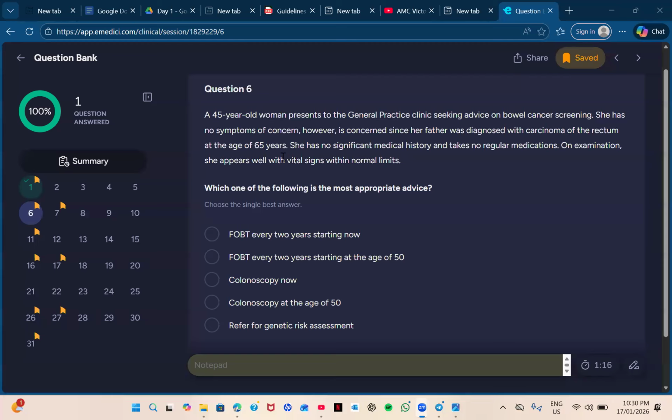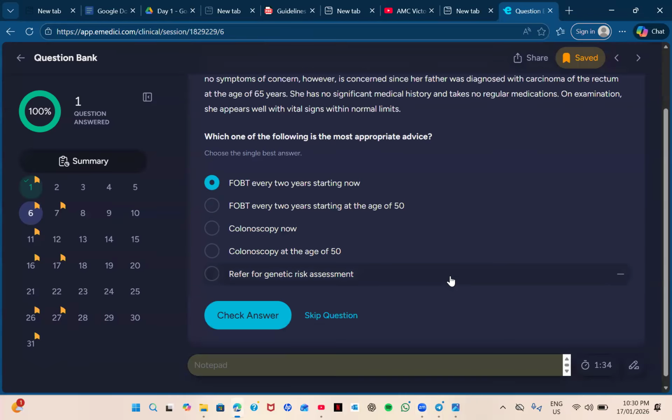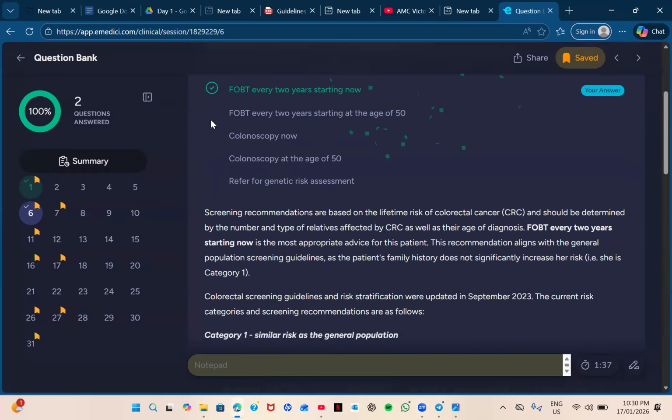More than 60, we take this patient as average category, right? So our patient's father is 65, so that means average category. In the average category, what should we do? What should we do, doctors? Yeah, you are correct.